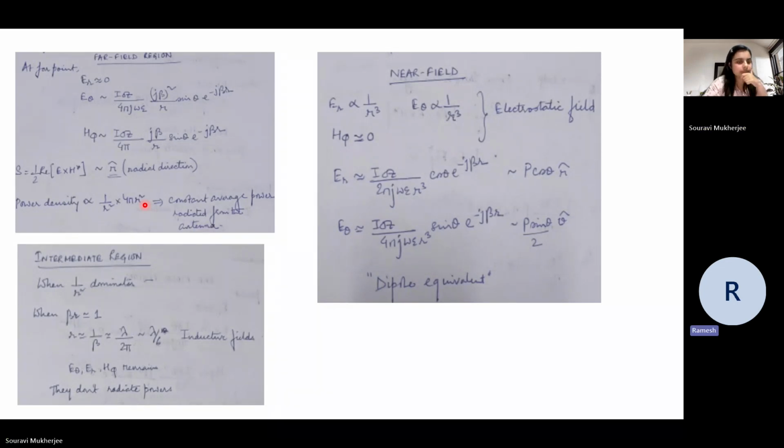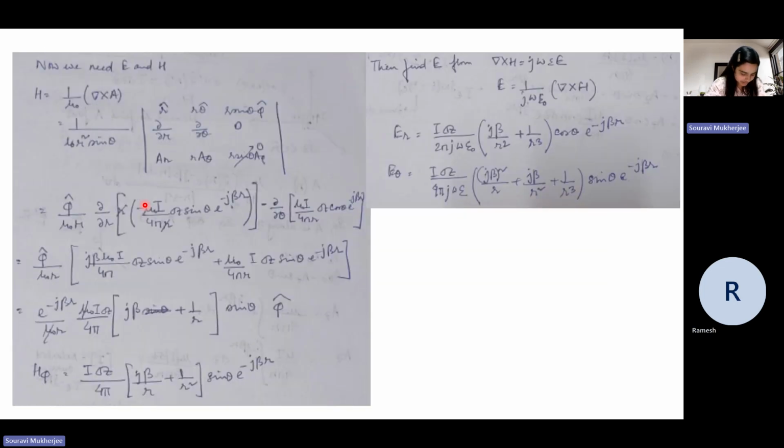And we use k sometimes for the phase constant, and beta sometimes. Is there any difference specifically? Beta is nothing but 2π by lambda, which is k.